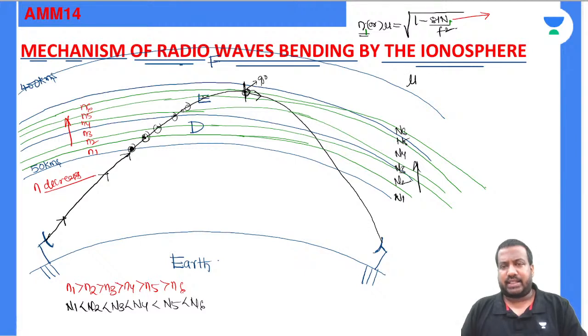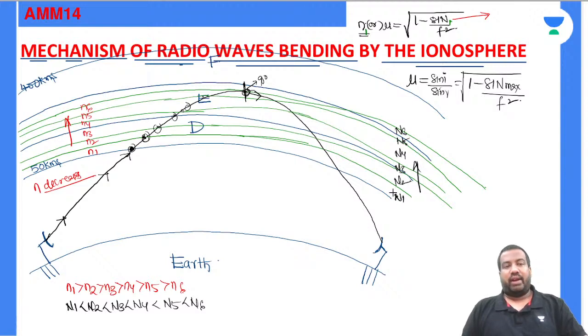So, refractive index mu is equal to sin I by sin R, which is the square root of 1 minus 81 N max by f square. Can I say this?